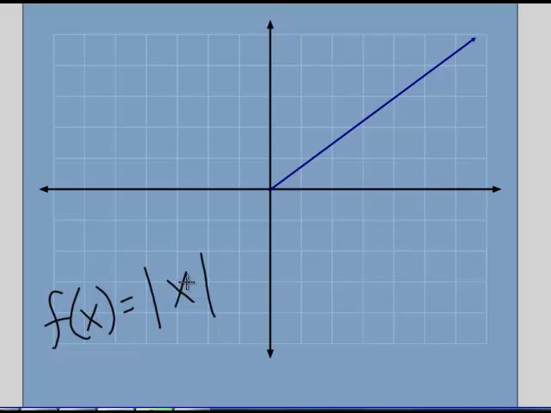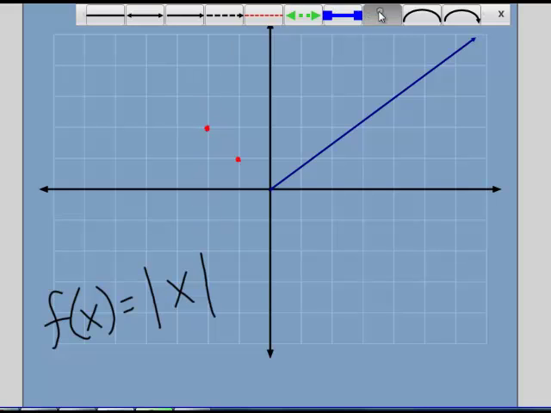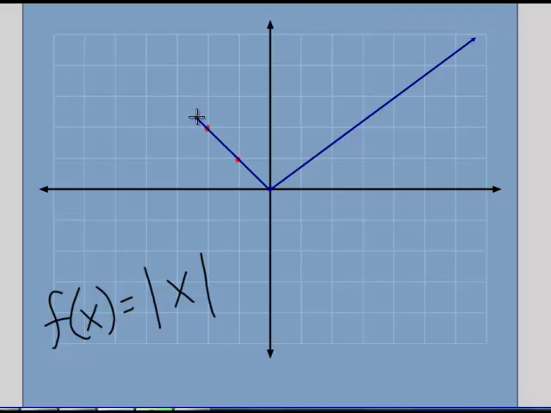So therefore, if I put in a negative 1 for my x, my output is a positive 1. If I put in a negative 2, my output is a positive 2. So that changes my graph, and I get this graph, which resembles a V. So remember, f of x is equal to the absolute value of x. I get this V-shaped graph.